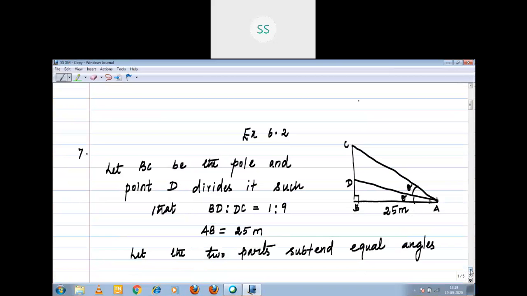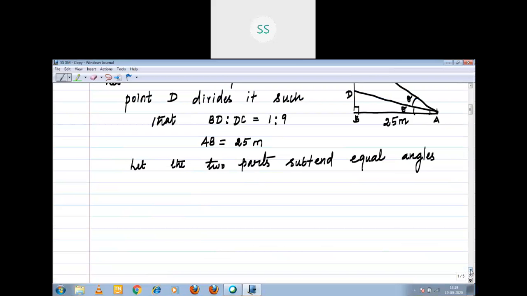Equal angles at point A, such that angle BAD equal to angle CAD, right?